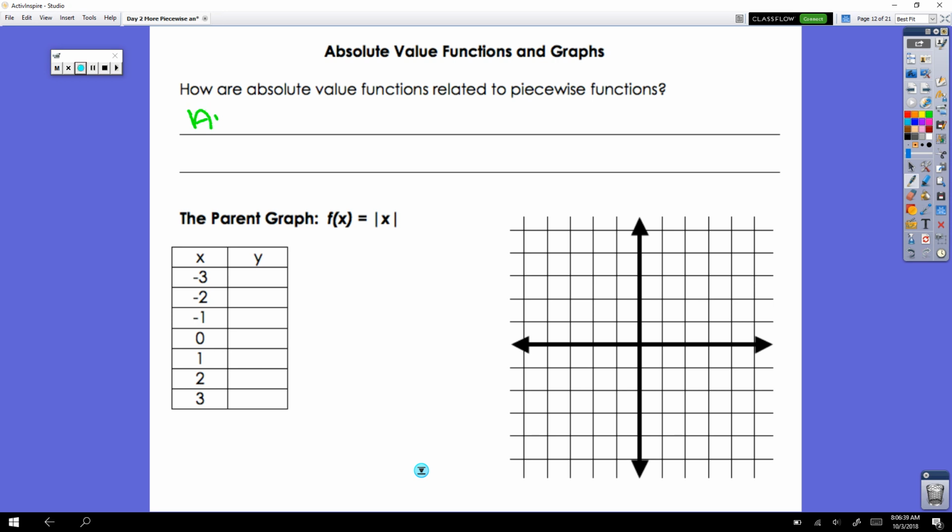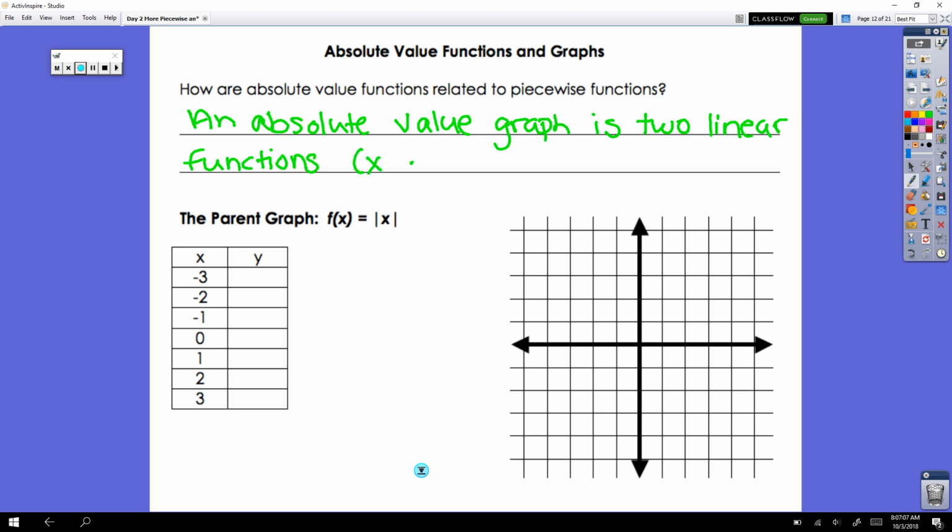An absolute value graph is two linear functions, x and negative x, put together.